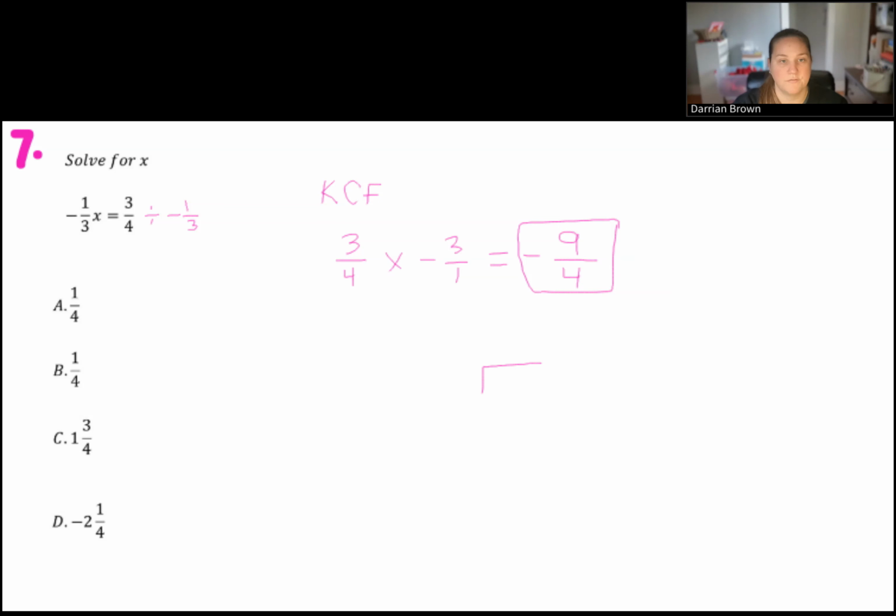Divide, long division, very good. So how many times can 4 go into 9? Twice, very good. 4 times 2 is 8. When you subtract, you have 1 left over, so that gives us negative 2 and 1/4. Now I do see that one. It is D. Great job, y'all.